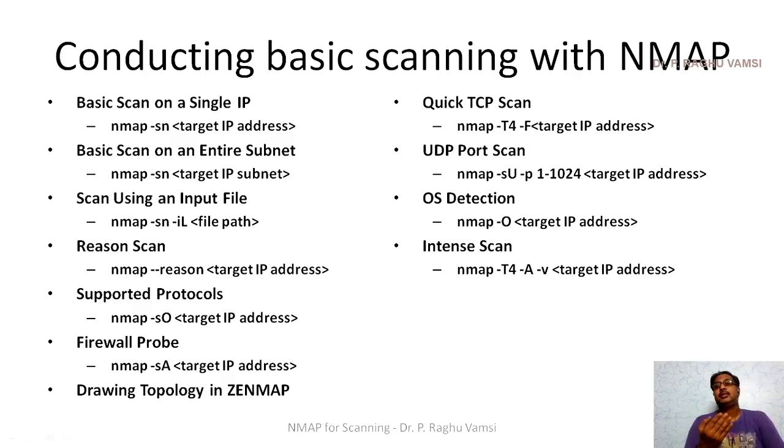What is the reason behind nmap knowing that this particular port is open? On what basis did nmap come to know that the particular port is open? This information you will get with the help of the reason option. So we'll use the reason option on the IP address here.